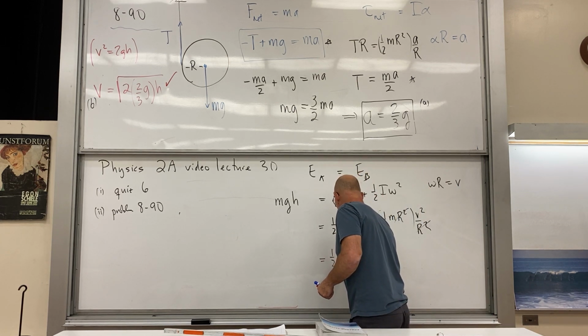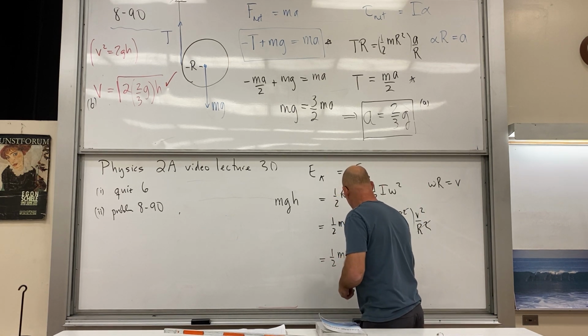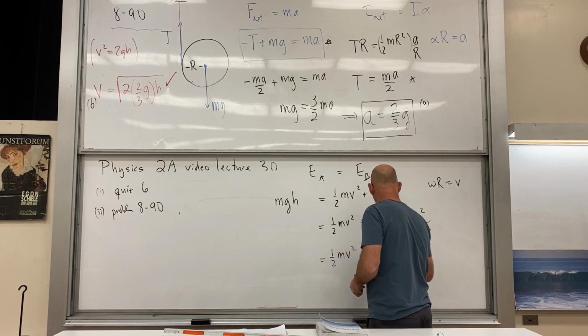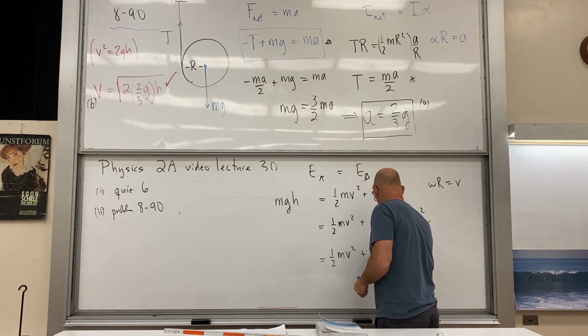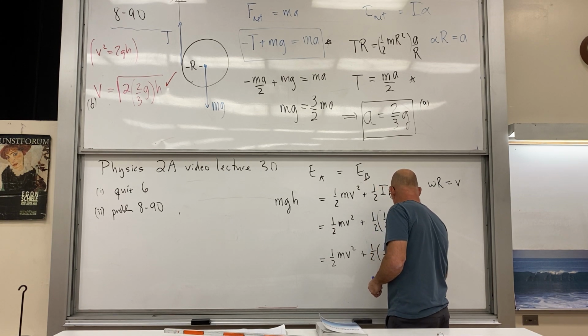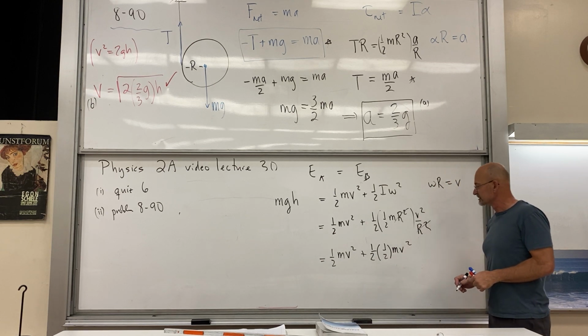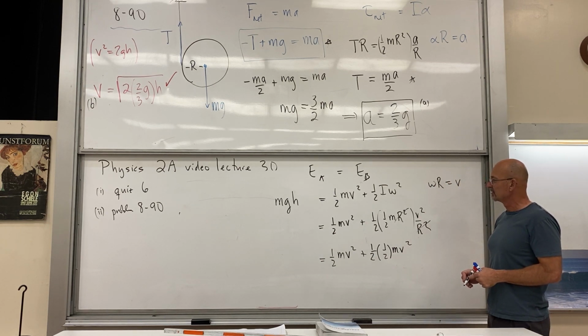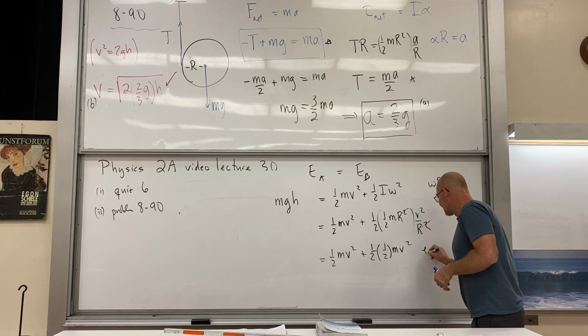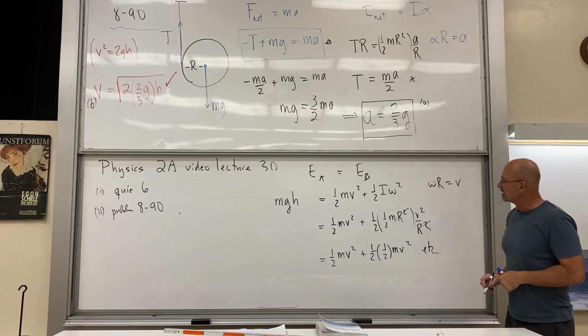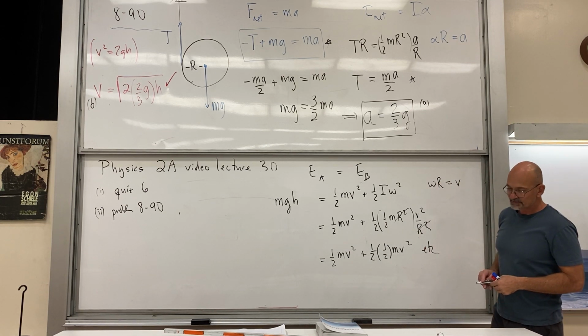We'll have 1/2 m v squared plus 1/2 times 1/2 m v squared. Etc. Okay. Good, so that's how that goes.